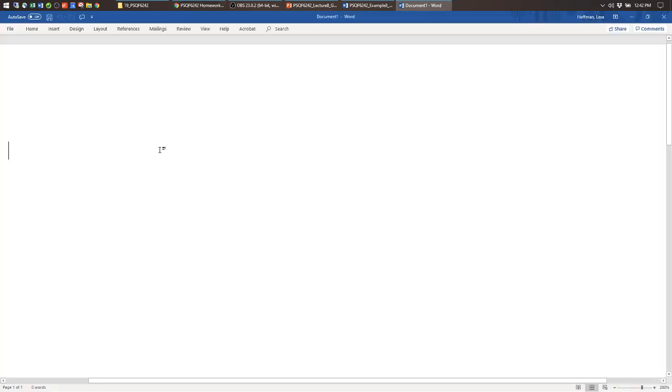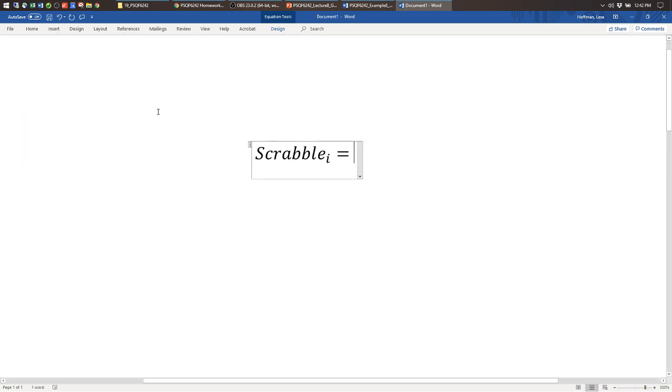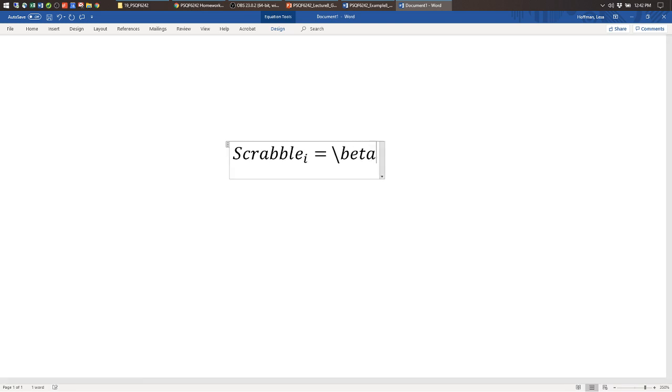Okay. So opening up Word equation editor, we've got Scrabble for person i equals, what comes first in my equation? Intercept, which is B0 or beta 0. I'm going to do the betas, make it fancy. Plus, the first effect that I gave you was beta 1 times easy versus hard with an i.